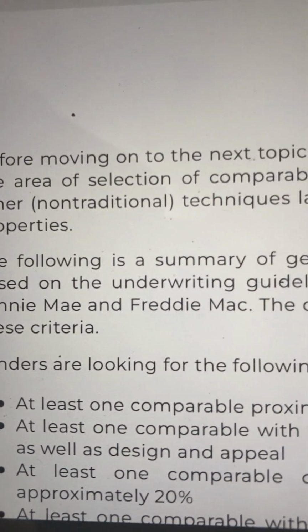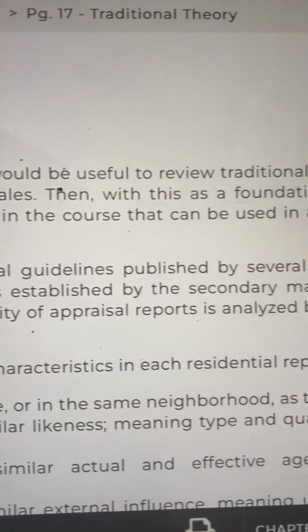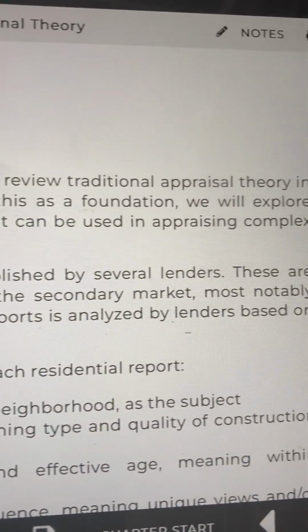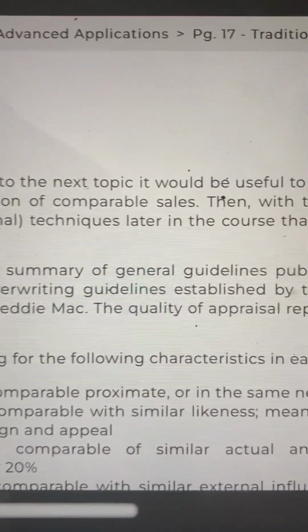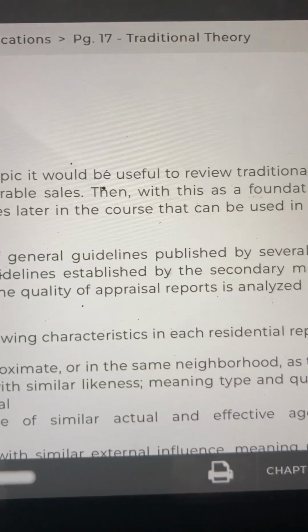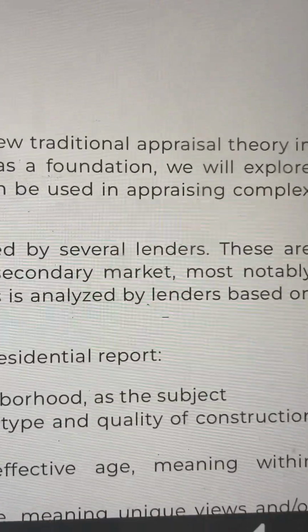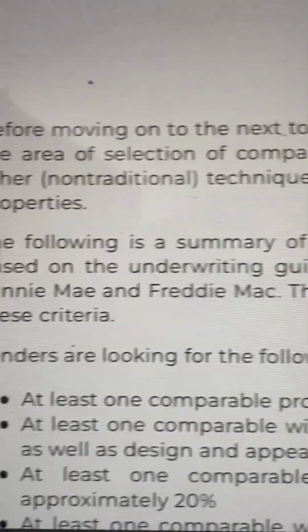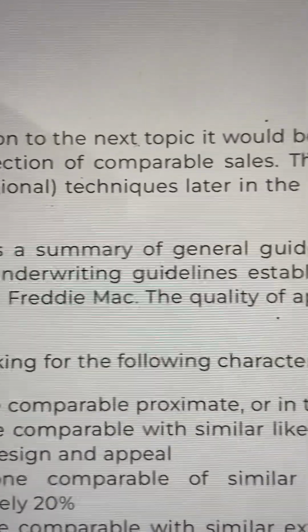The following is a summary of general guidelines published by several lenders. These are based on the underwriting guidelines established by the secondary market, most notably Fannie Mae and Freddie Mac.